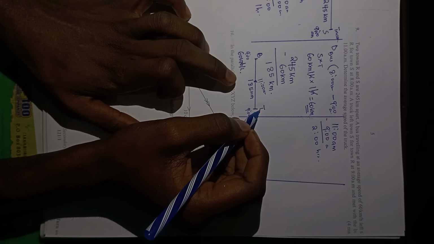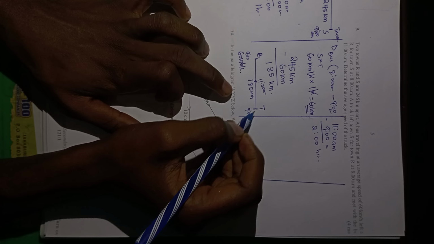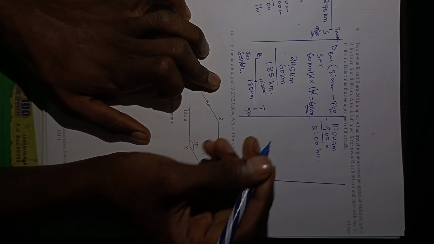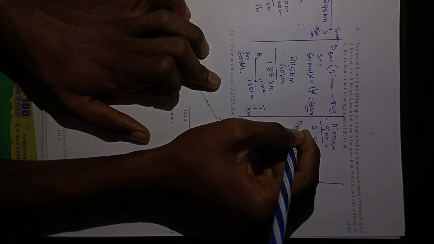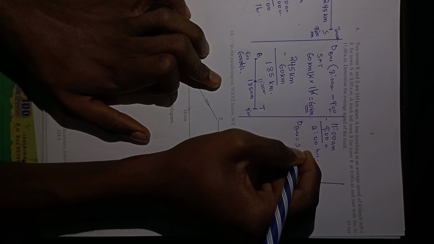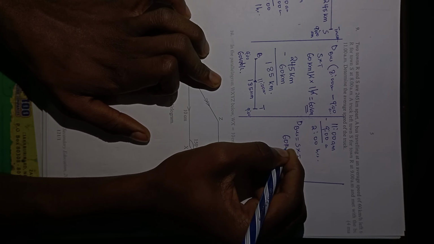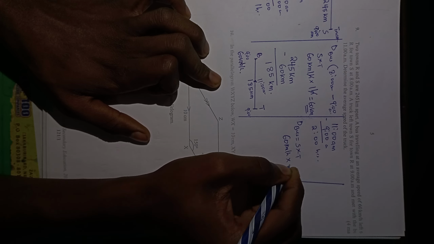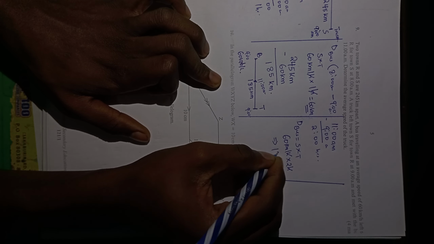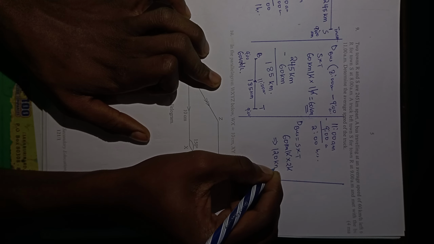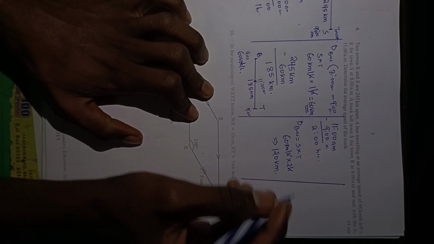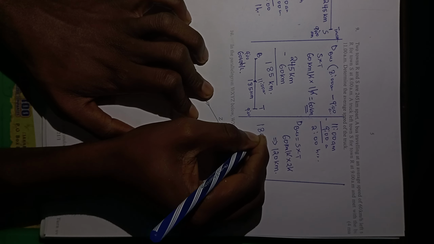That remaining distance is the distance covered by the truck from 9 a.m. to 11:00 a.m. The distance for the bus is speed times time. The same speed, 60 kilometers per hour, but the time is now 2 hours. So hours and hours will cancel, giving us 120 kilometers.